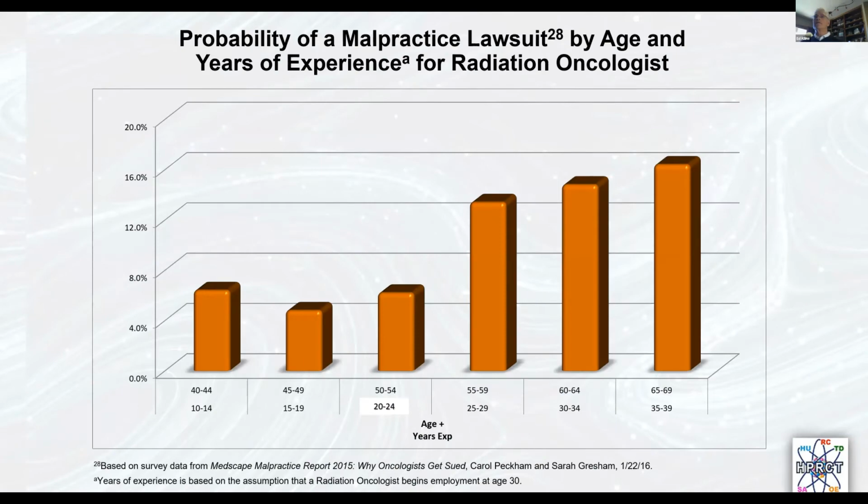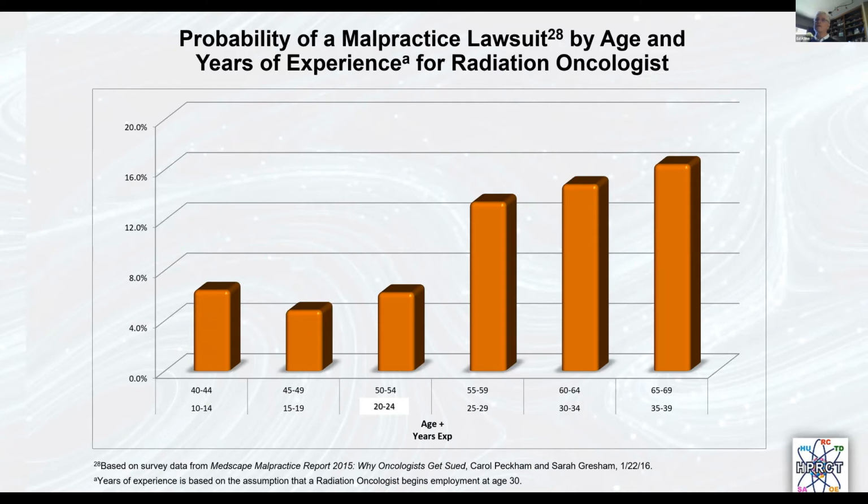So in regards to doctors, they're key players in the field because they manage the overall treatment. Here is a probability of malpractice bar representation. At the top, 40 to 44, 45 to 49, as we go left to right, is the age of the individual, and below it is the years of experience.